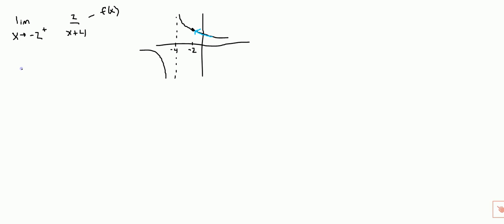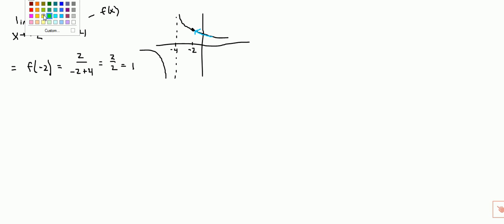So what this limit equals is just f of negative 2, right? I can just plug in negative 2 to this expression. So that's going to give me 2 over 2, and that's 1. Okay, so 1 is the answer.